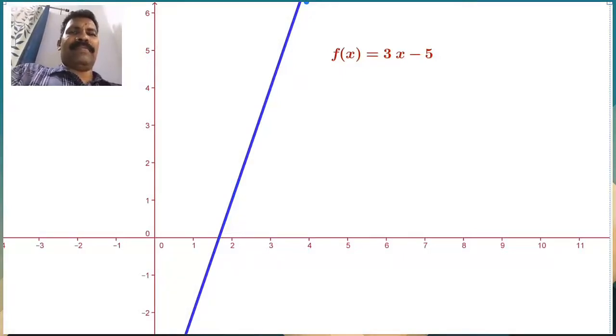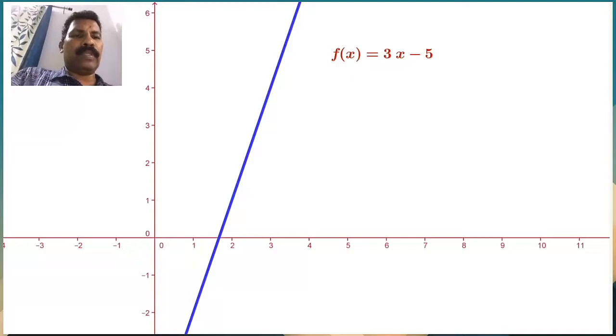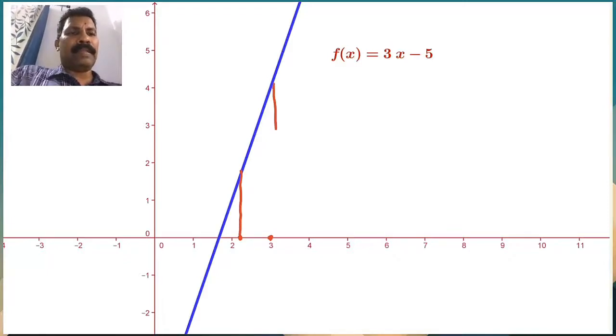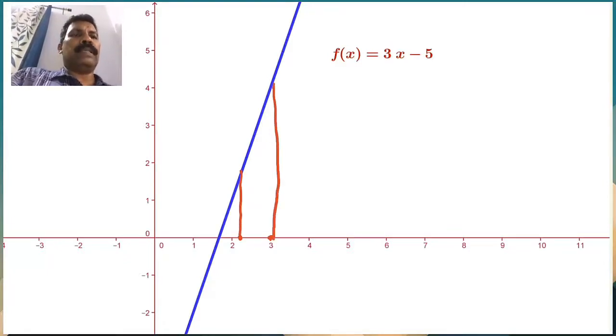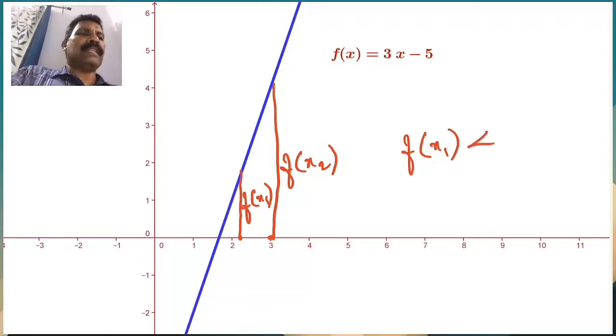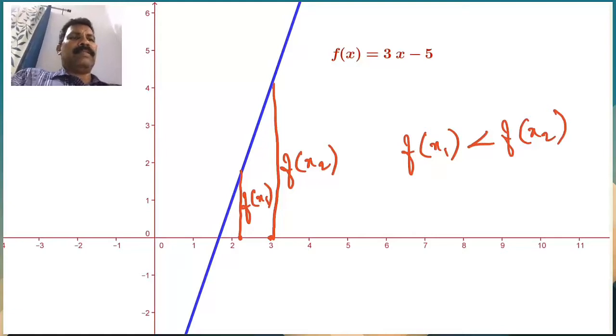Now here consider the function f given by 3x minus 5. That's a straight line, and it is definitely a strictly increasing function. Why is it so? That is very simple. If we choose any two points, say here and here, and compare their height, meaning functional value, you can see that f(x1) is strictly less than f(x2). So the function is strictly increasing.